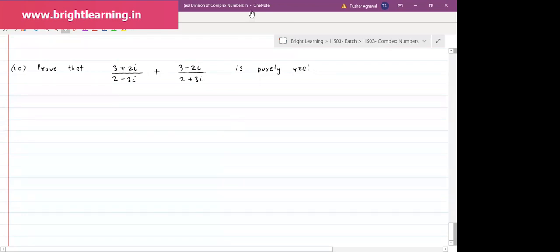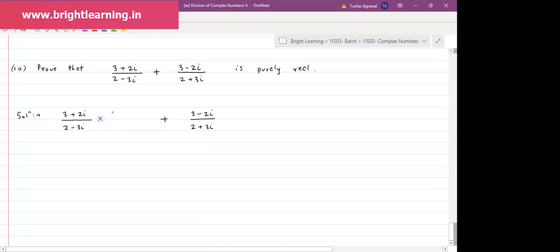Dhananjay, let's write the explanation today. This is 3 plus 2i upon 2 minus 3i plus 3 minus 2i upon 2 plus 3i.